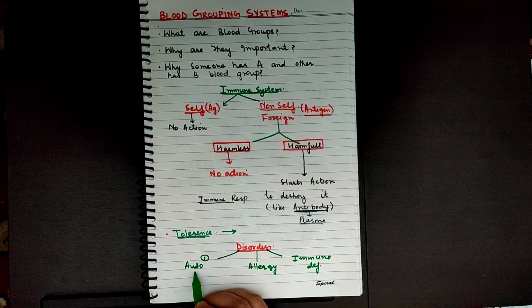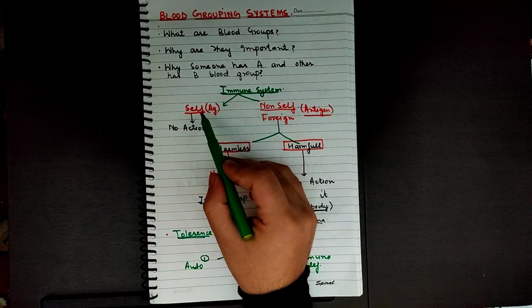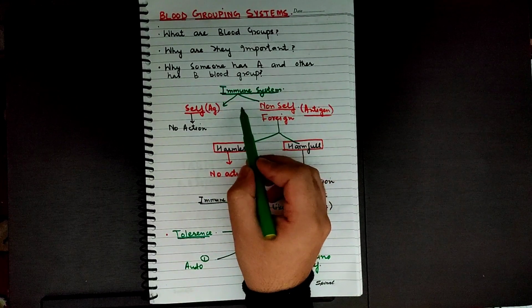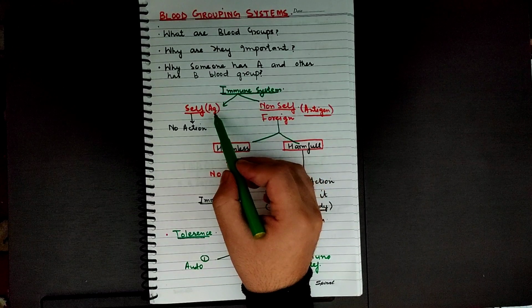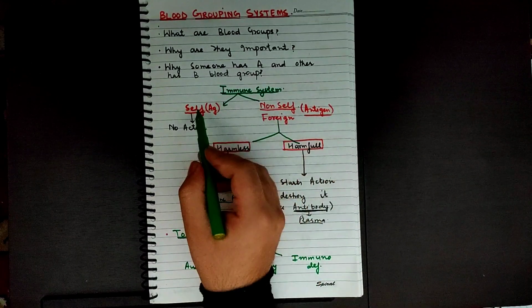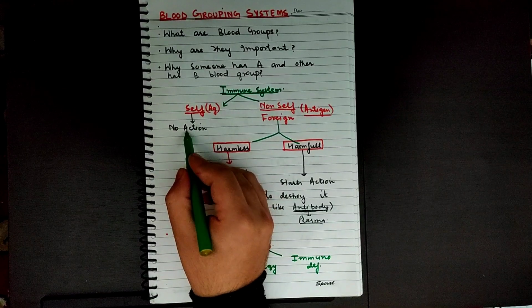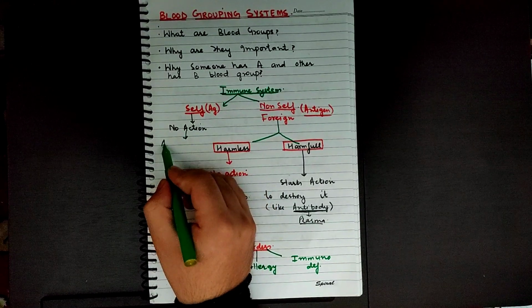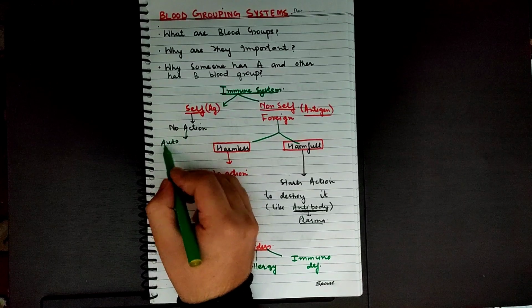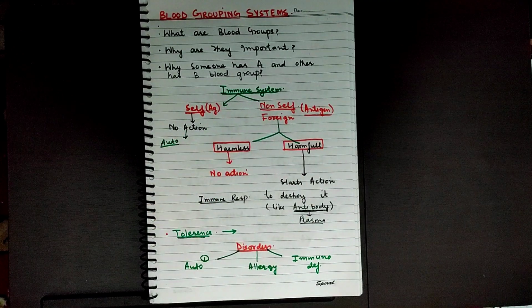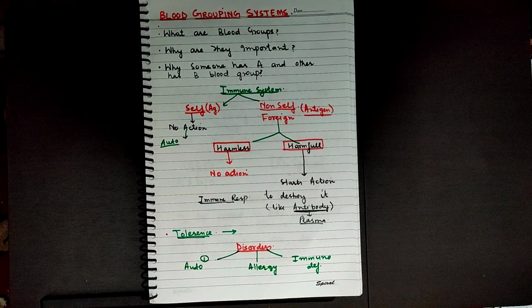What is autoimmunity? If the immune system fails to distinguish self from non-self, and it starts destroying self antigens, this type of disorder is known as autoimmunity. Autoimmunity is destruction of self antigens. Examples are myasthenia gravis, Hashimoto thyroiditis, Graves disease. These are all examples of autoimmune diseases.